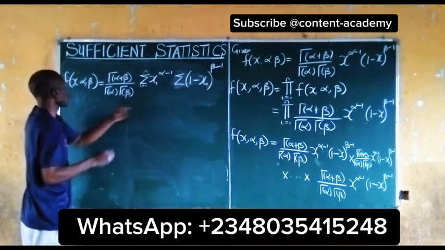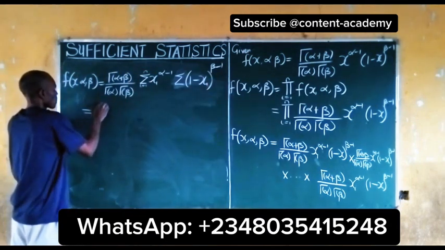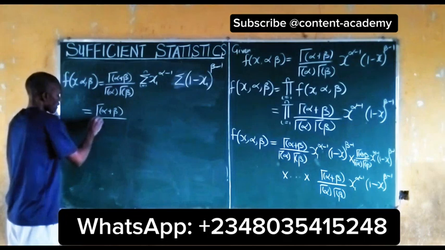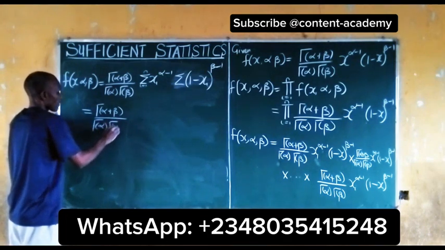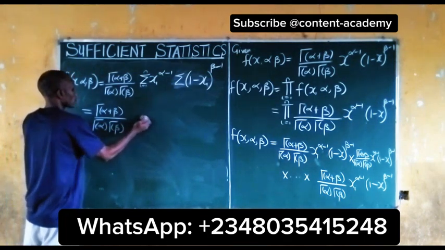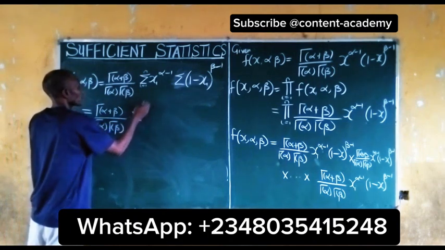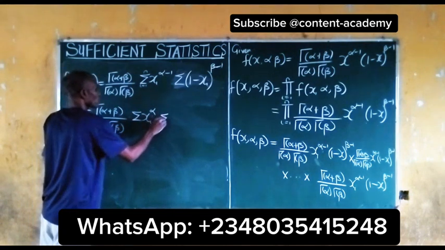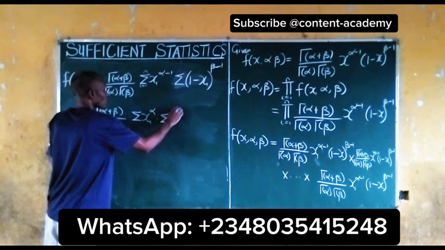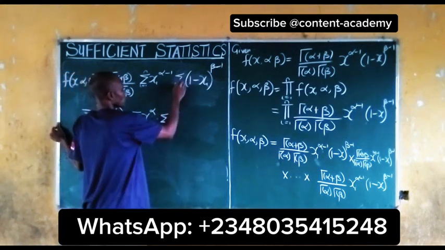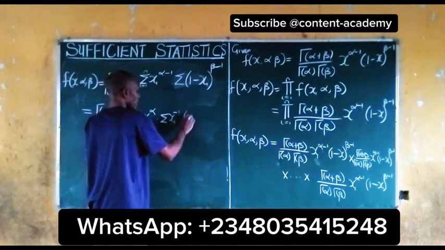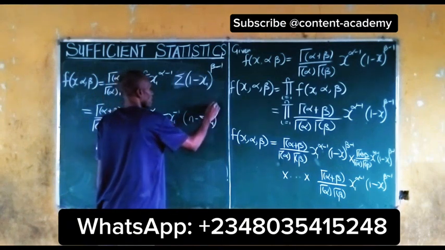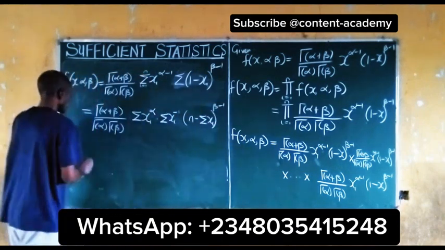Of course, you can still open this to be equal to gamma of alpha plus beta all over gamma alpha gamma beta, multiplied by the product of xi to the alpha, multiplied by the product of xi to the minus 1, and so on. So we can write this out properly.